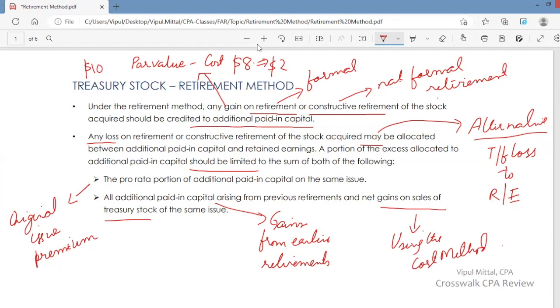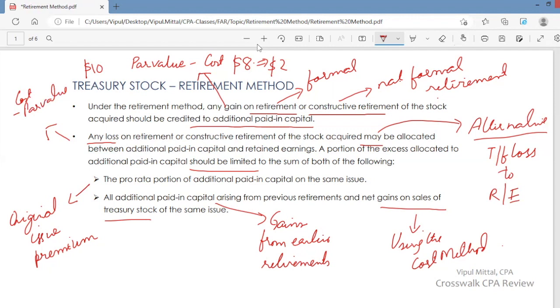So if you have a gain on retirement of treasury stock, it should be credited to additional paid-in capital. But if you have a loss, how do you calculate the amount of loss? It is cost minus par value, the excess of cost over par value.